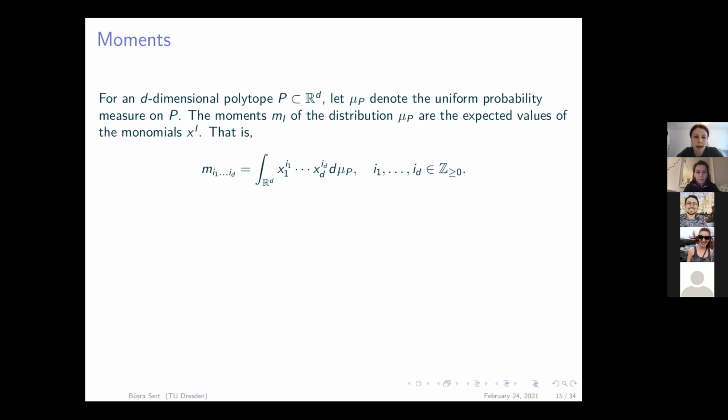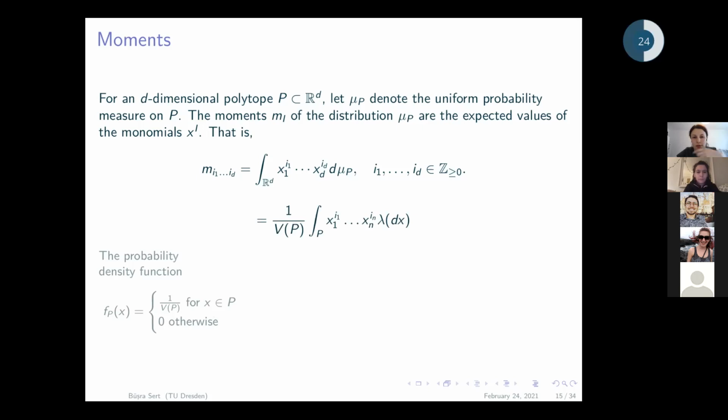And in this probability measure, the probability density function will be scaled with the volume of the polytope for a point in the polytope, and it will be 0 otherwise. So it's actually like a scaling of the Lebesgue measure. Now we can give an expression like that.